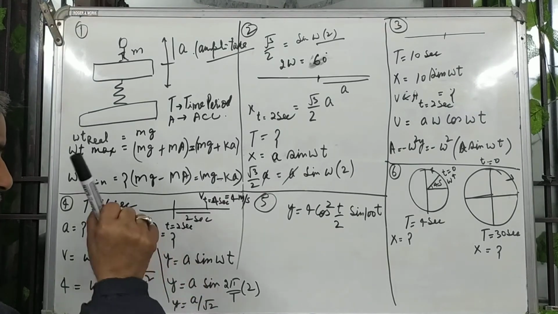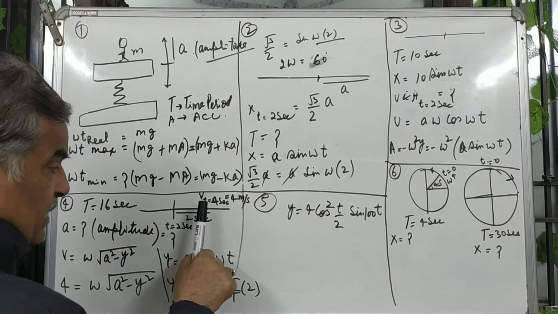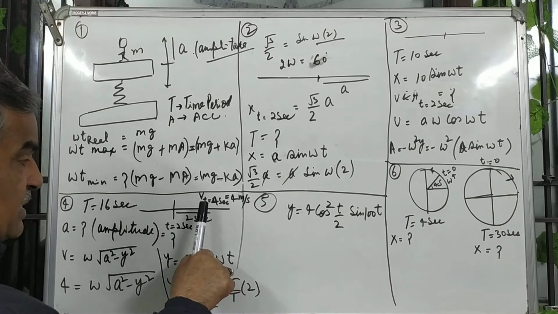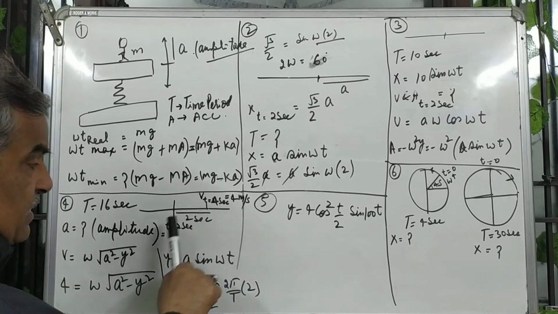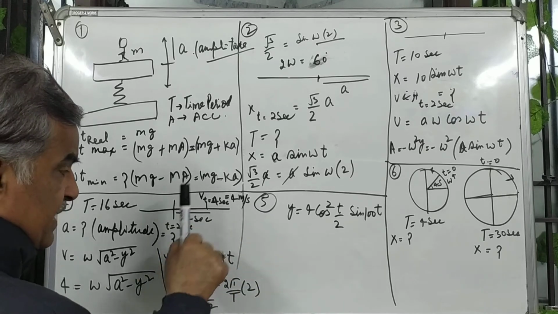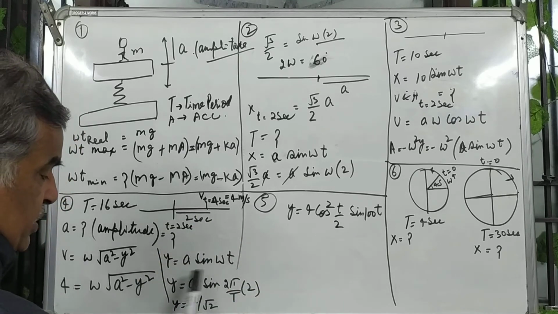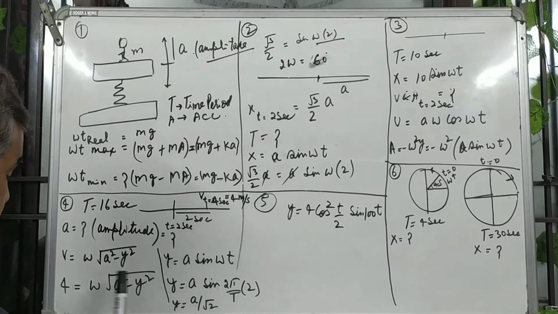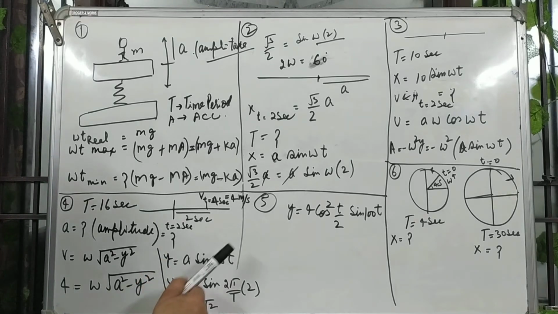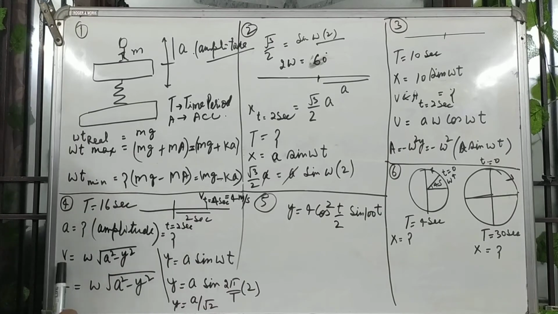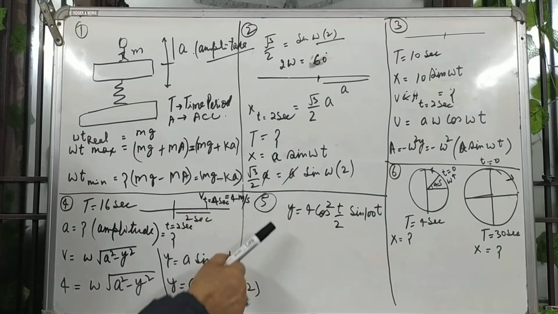So from mean position, time will be at this point, where the velocity is 4 meter per second.